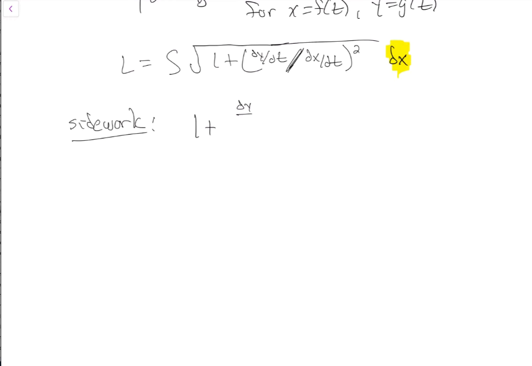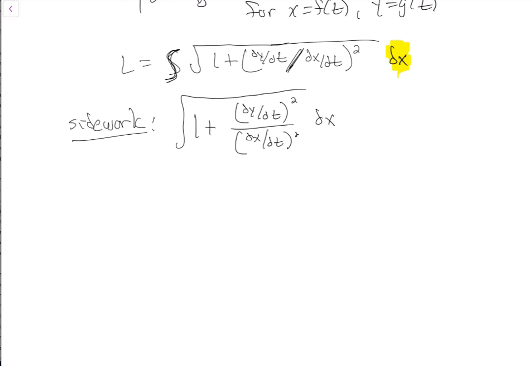Let me write the first line. So I would have (dy/dt)^2 and (dx/dt)^2, all under the radical, times dx. I'm just going to leave the integral symbol off for the moment, just to do some manipulation with that radical.